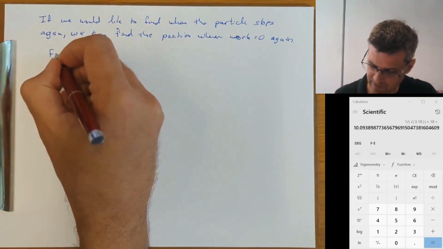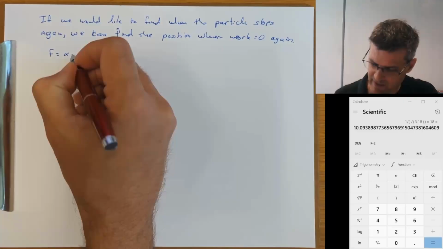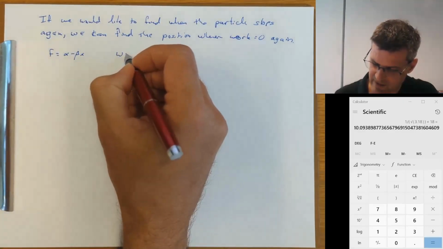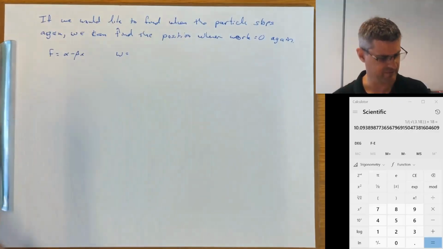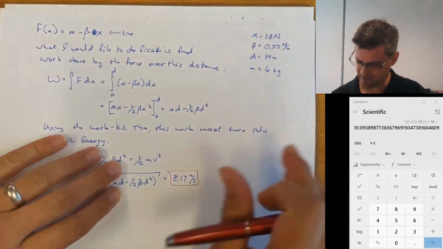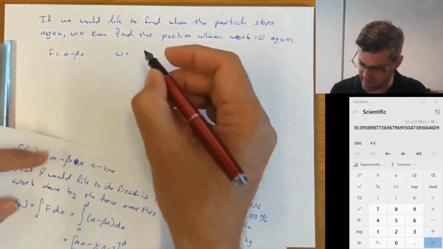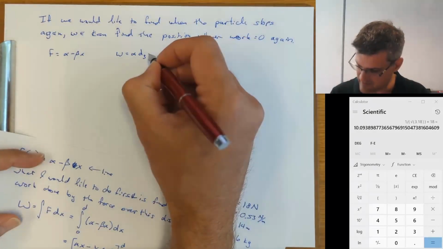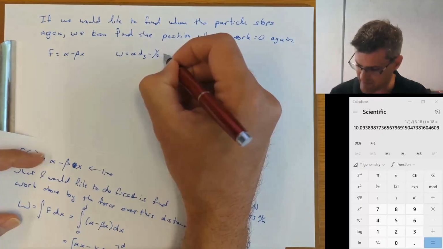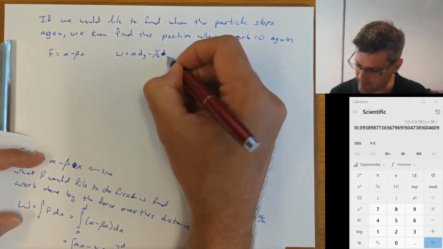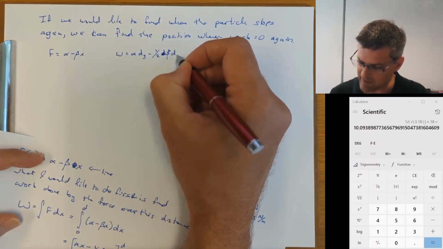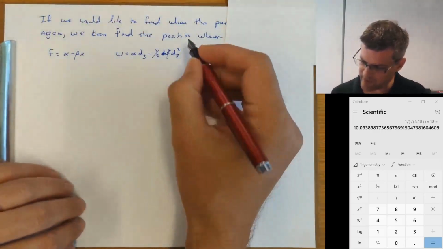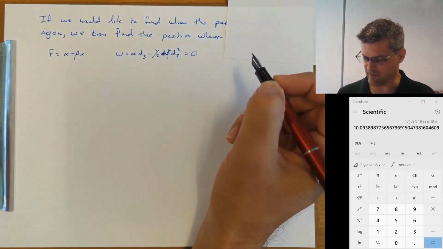So if force is alpha minus beta x, and work from these previous pages looks like alpha d, I'll call this d3, minus 1/2 beta d3 squared. I want to set this work equal to 0.